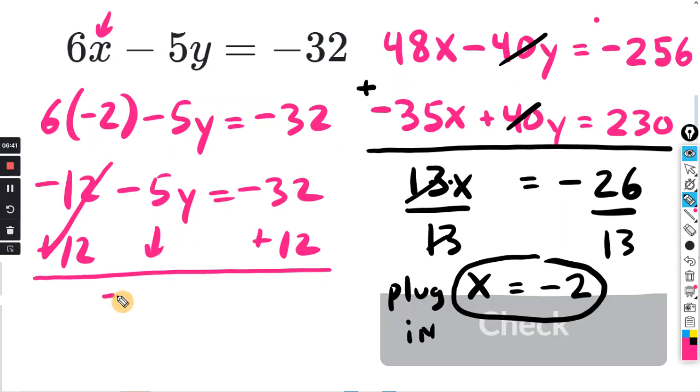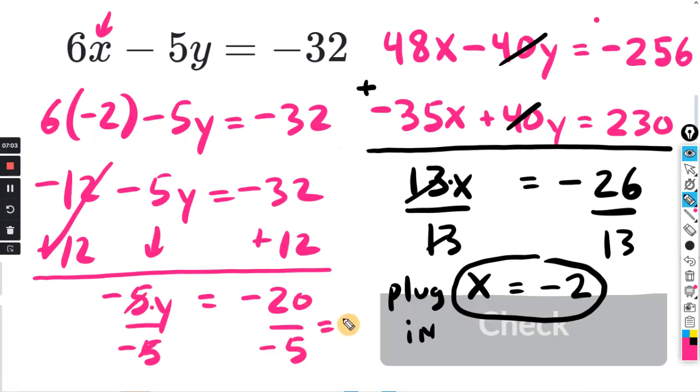Bring down your negative 5y. Bring down your equal sign. And negative 32 plus 12 is negative 20. Solving for y, the opposite of times negative 5 is divided by negative 5. Cancels here. Negative 20 divided by negative 5 is going to be positive 4.